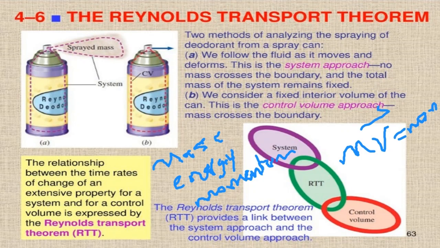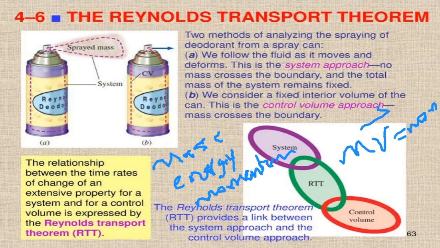In order to have the conservation equations, we use a generic formula, Reynolds transport theorem, and it can be connected to all kinds of conservation equations, including mass, energy, and momentum. So let's remember from thermodynamics that we had 2 different systems. One is closed system, the other is open system.